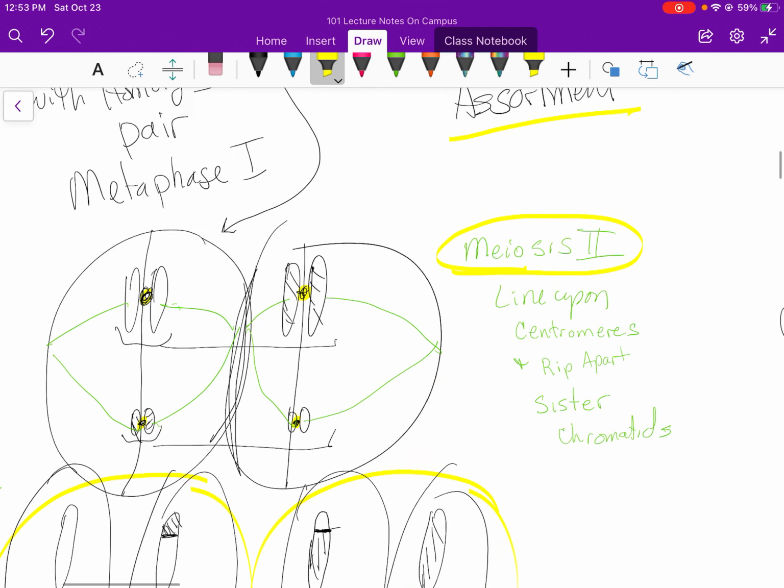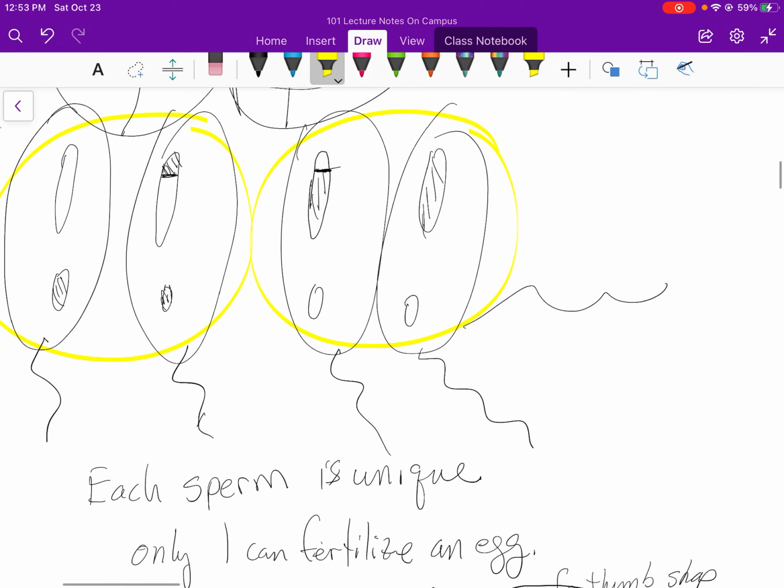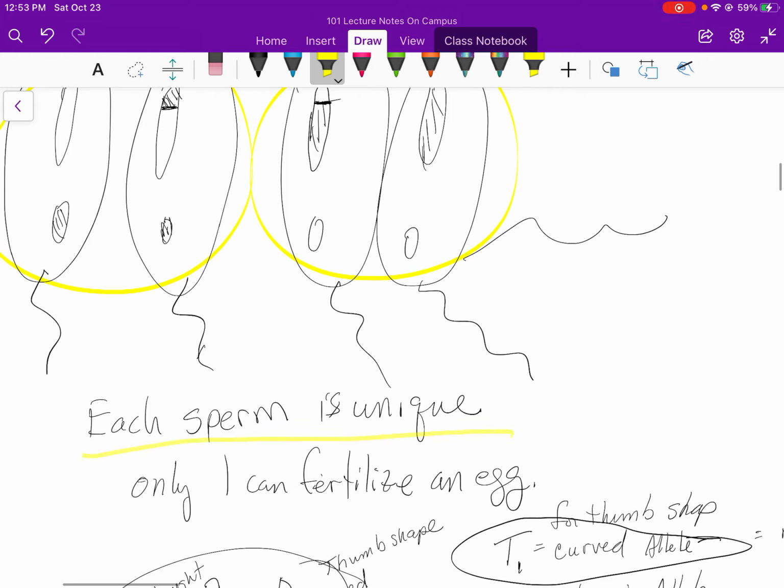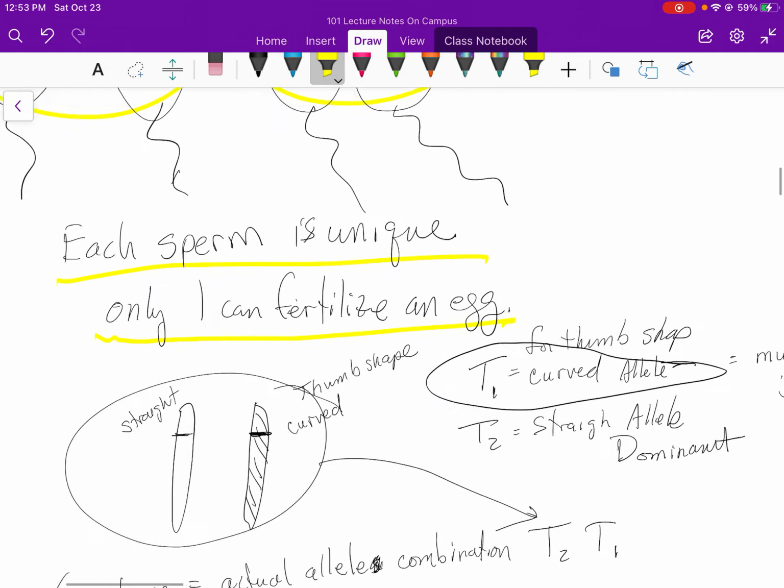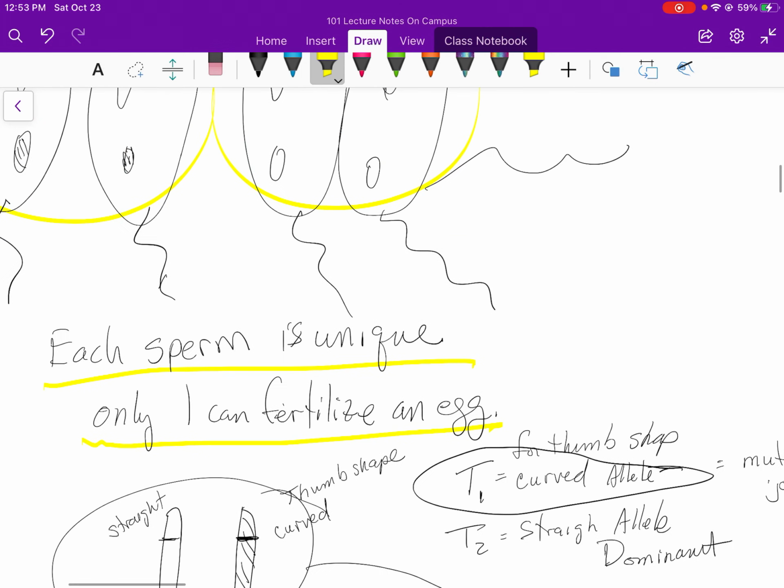So that means that basically when you get to the end of the game, I can tell you that every sperm is unique and only one can fertilize an egg. Everyone's unique because of crossing over and independent assortment. And so that's very exciting. So that is the story of meiosis.